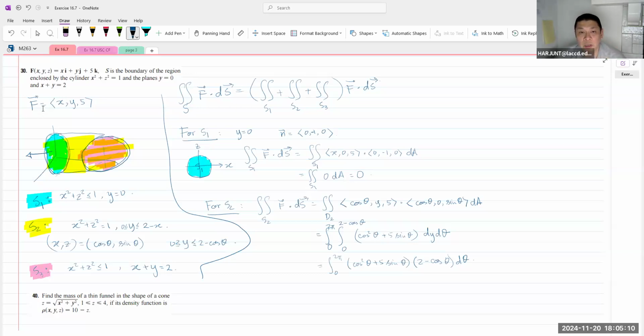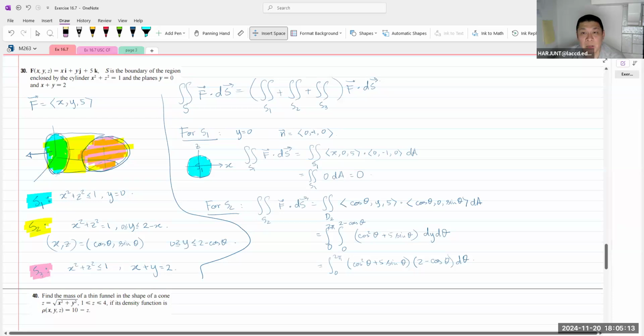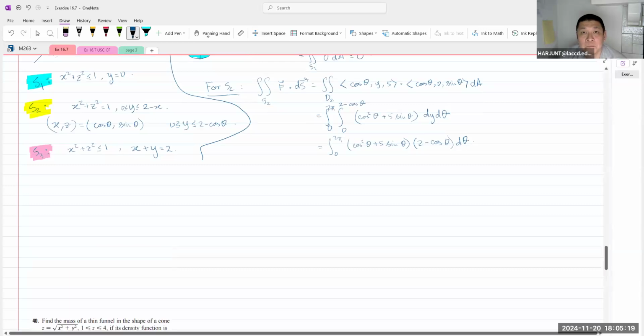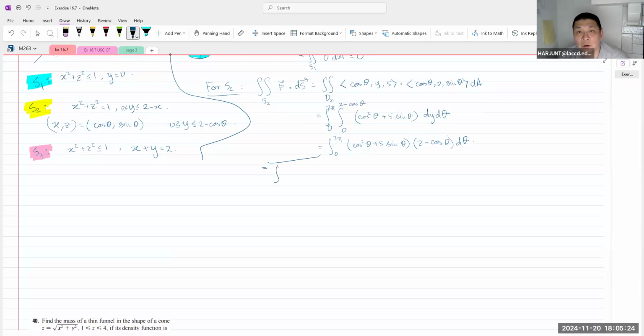Here we will get a bunch of 0s again, because it's from 0 to 2 pi. But let's work it out. Let me just steal some space. This is the integral from 0 to 2 pi of 2 cosine squared theta minus cosine cubed theta plus 10 sine theta minus 5 sine theta cosine theta d theta.